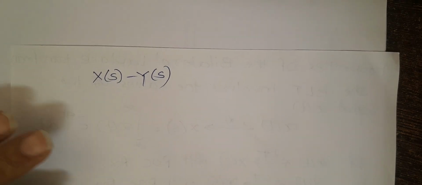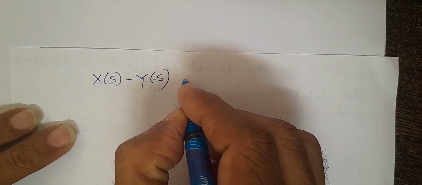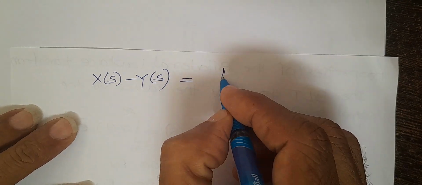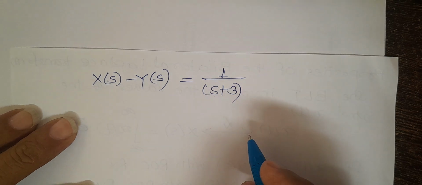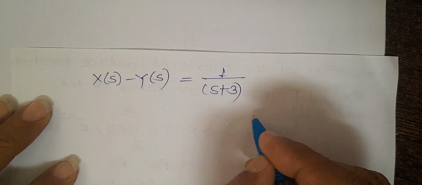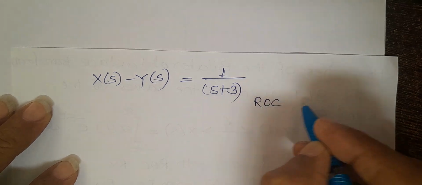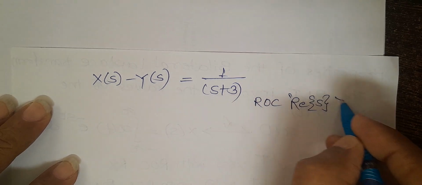Therefore x of s minus y of s is equal to 1 over s plus 3 after cancellation of the zero and pole. So here the ROC is real part of s greater than minus 3.